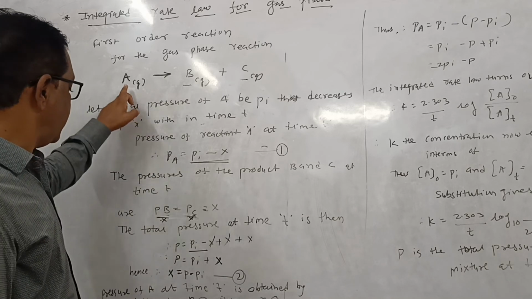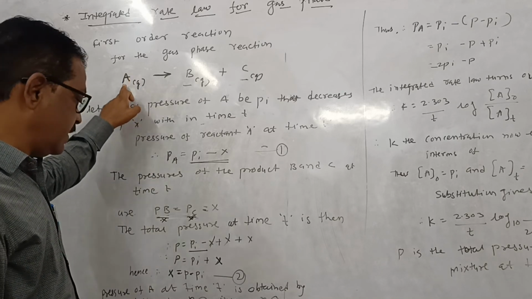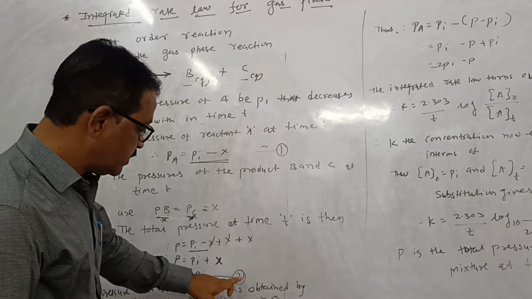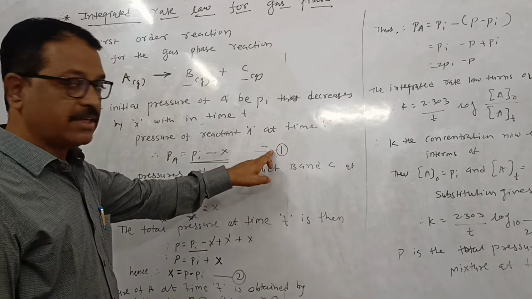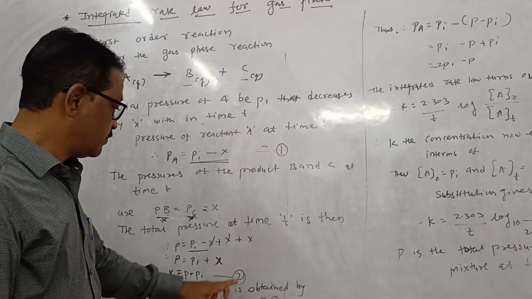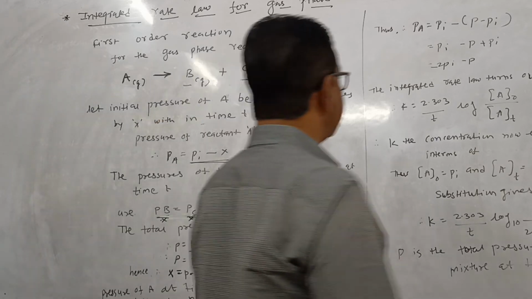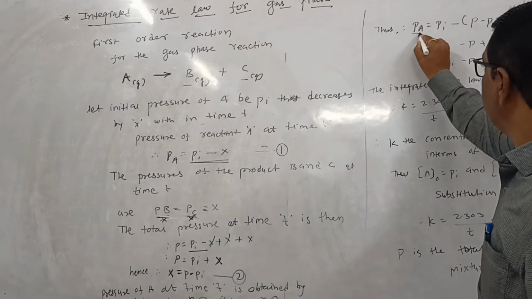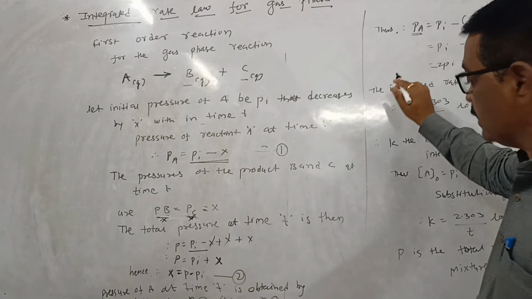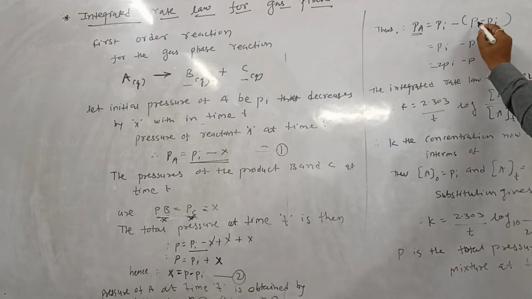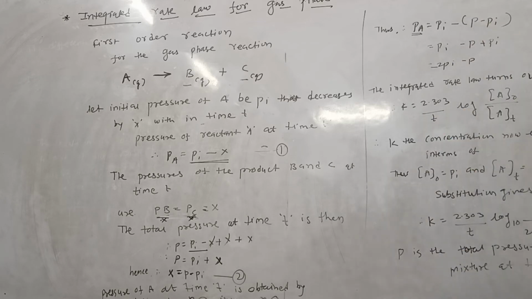Pressure of A at time t is obtained by substituting equation 2 into equation number 1. Thus, PA is equal to Pi minus in bracket P minus Pi.